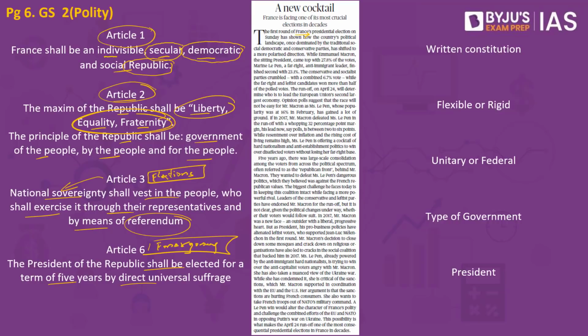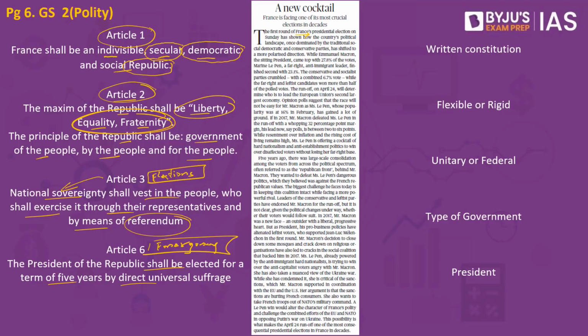When the institutions of France are threatened, when the independence of the country is threatened, when the integrity and sovereignty of France is threatened, when France is not able to keep up with its international commitments, and when its constitutional public authorities are interrupted and not allowed to function as per their requirements. In such a case, this particular power is given to the French president.